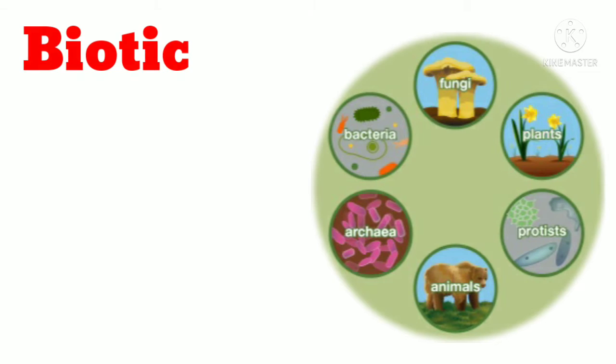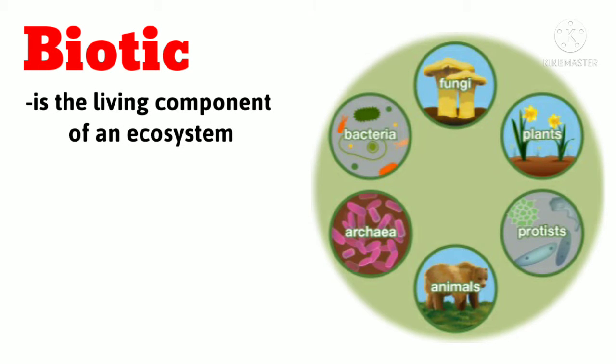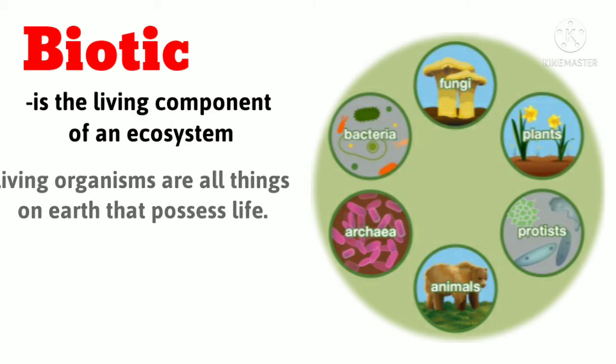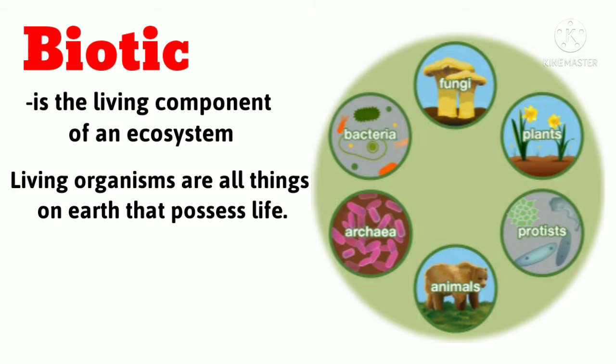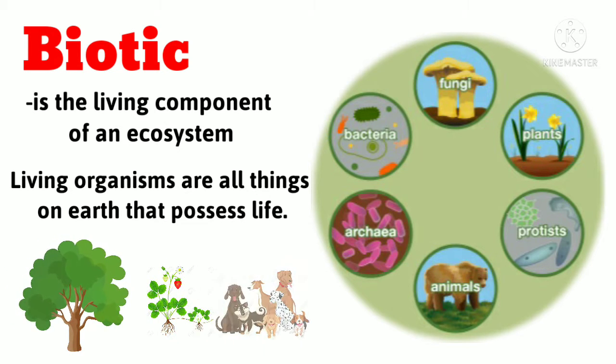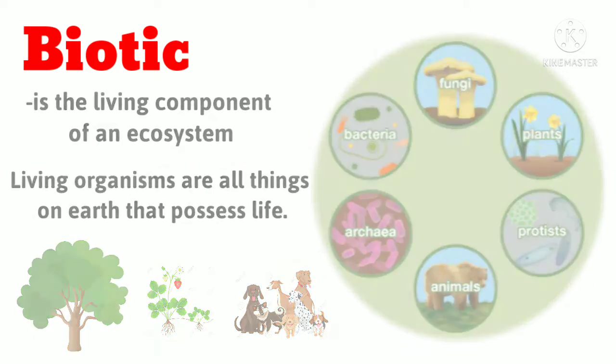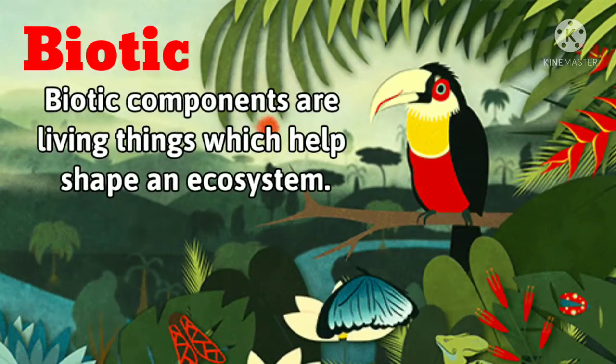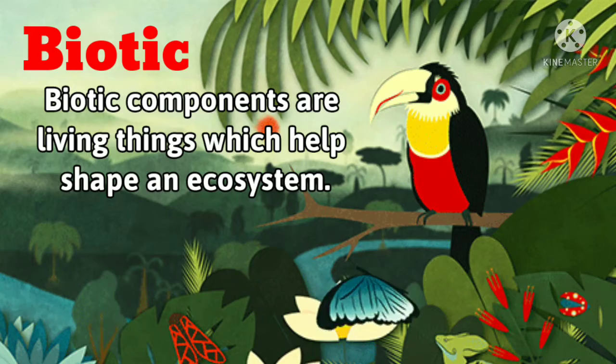On the other hand, the biotic component is the living component of an ecosystem. Living organisms are all things on Earth that possess life, like trees, plants, animals, and including you. Biotic components are the living things which help shape an ecosystem.